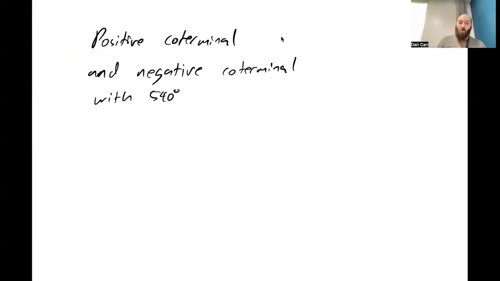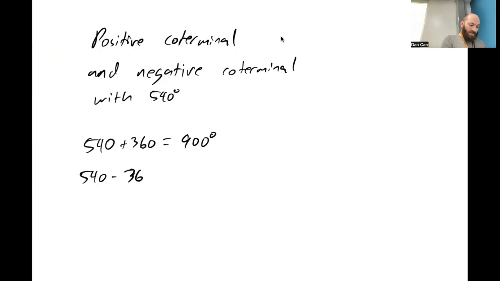Okay, so like we normally do, we could take the 540 plus 360, and that's going to give me 900 degrees. Okay, but if I take the 540 and subtract 360, that gets me down to 180 degrees.